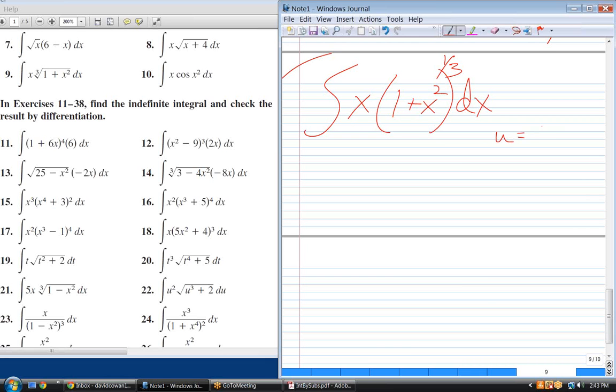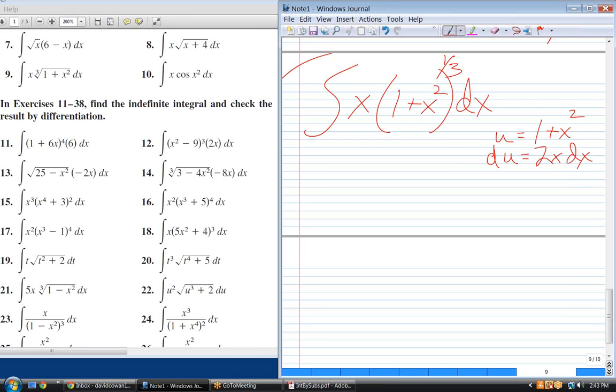U is equal to 1 plus x squared, and then that turns into du dx, which is 2x, and then dx is equal to du over 2x, so we can rewrite that.